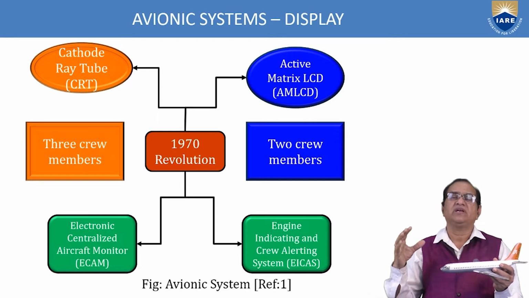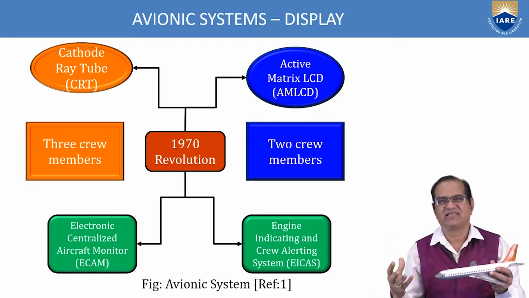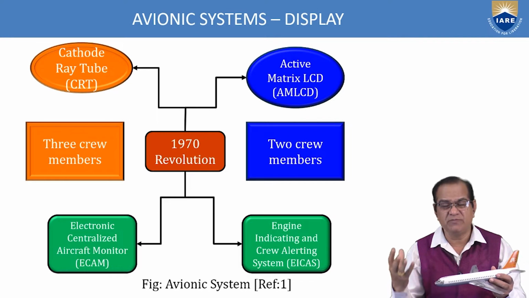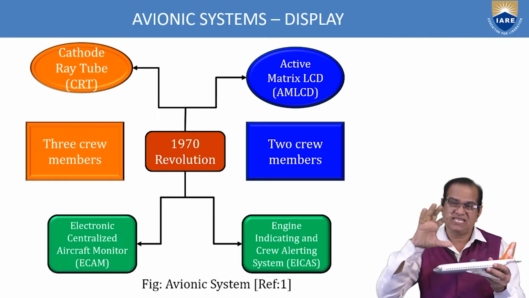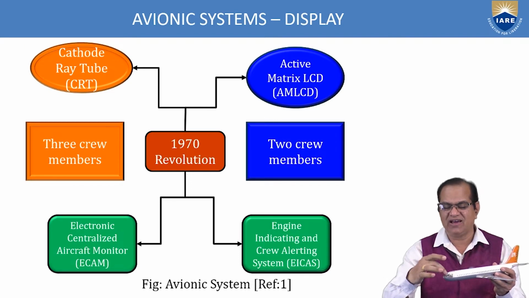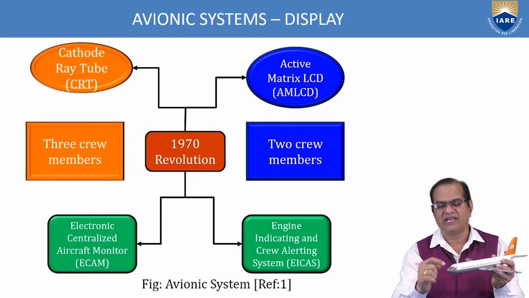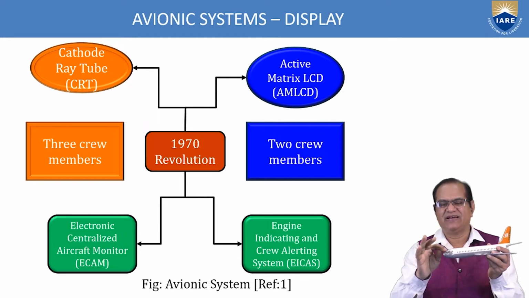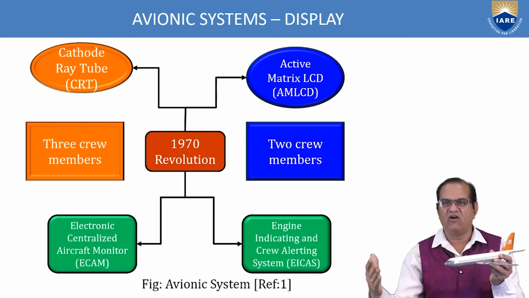So these displays are very important to see that all the parameters are as per the requirement, and mostly they are in this front part. These are the cockpit glasses from where they can see the runway and some view of outside.